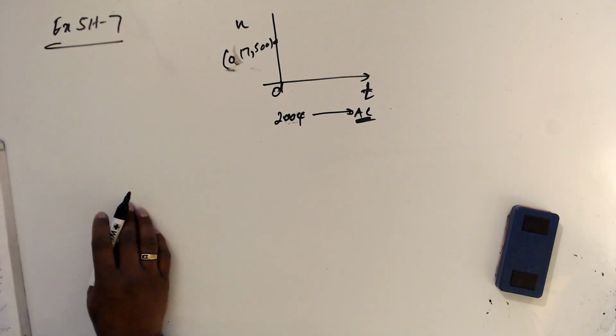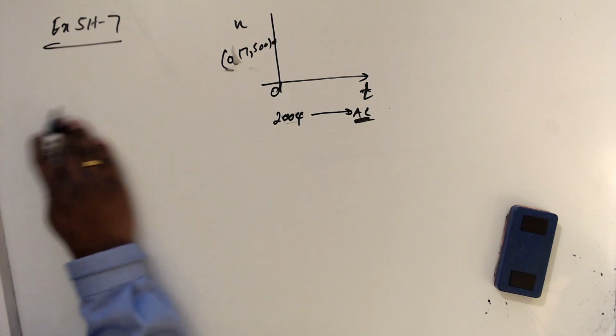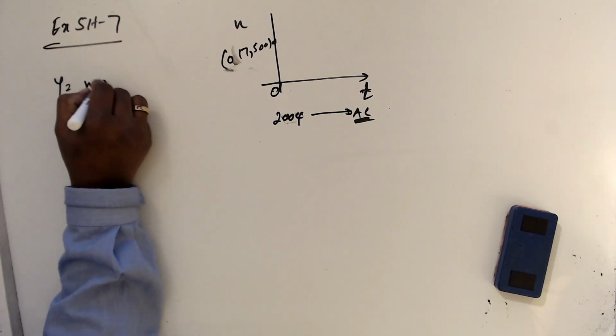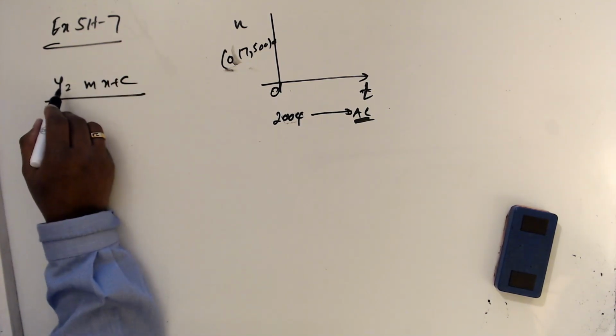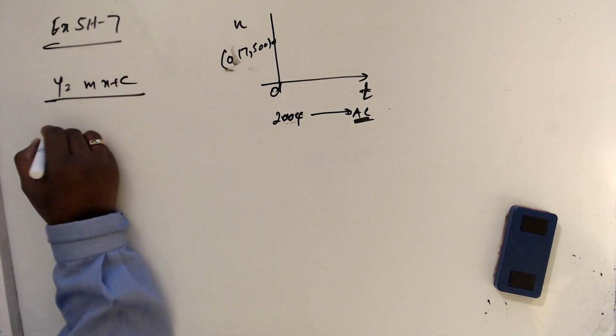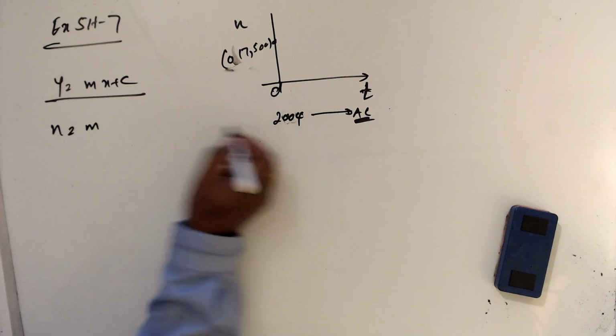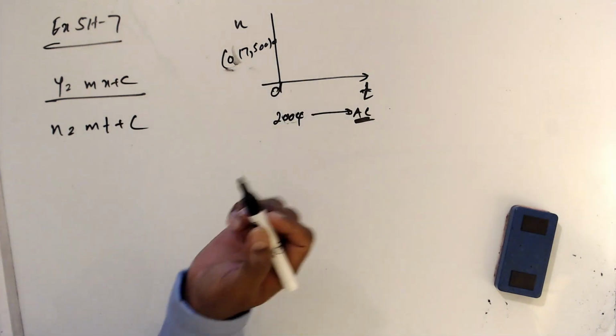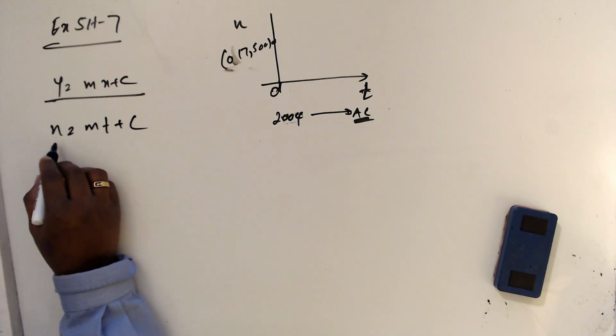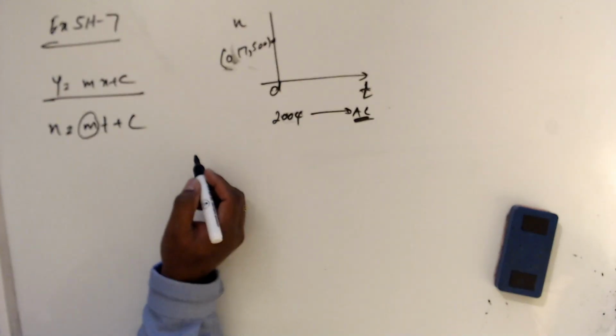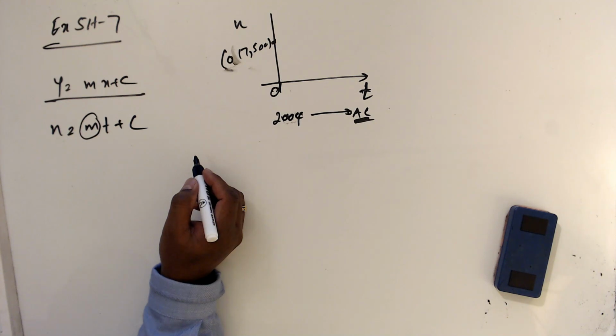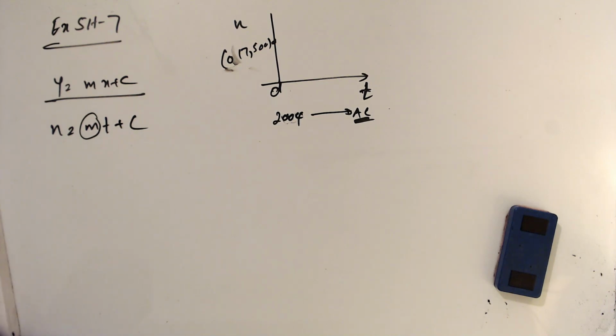Now let's look at question number 8. Y equals mx plus c. This is the form: N equals mT plus c. Now, what is m? M is given, because each year an additional 750.